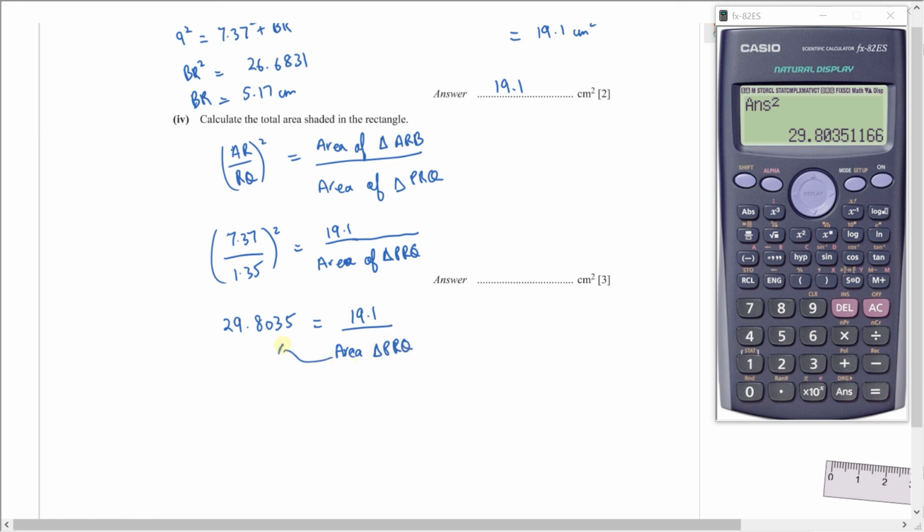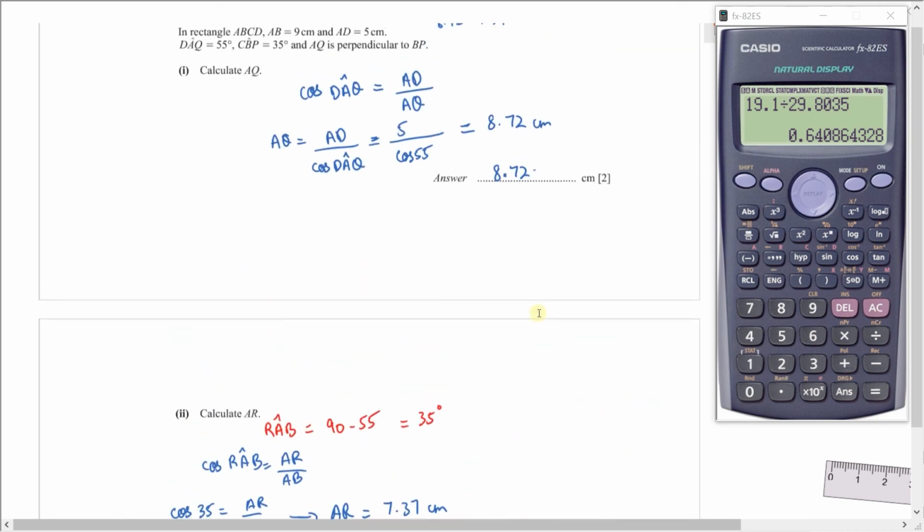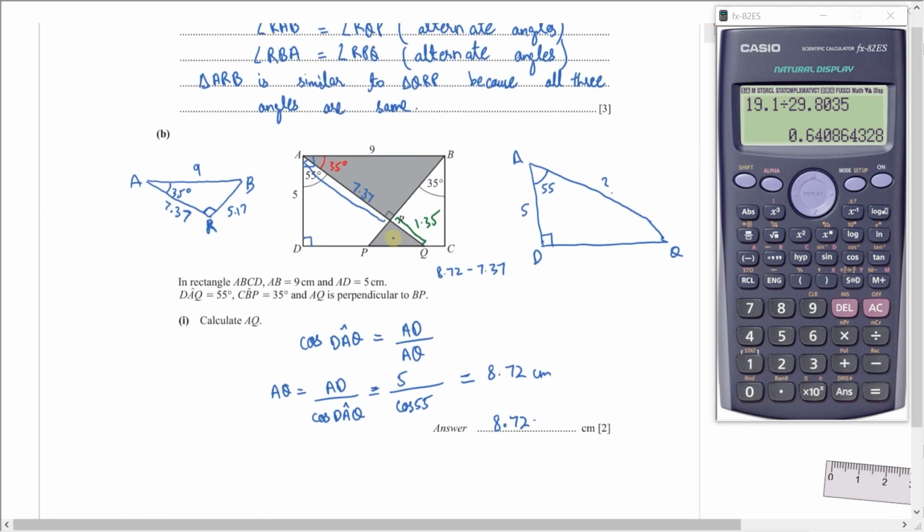So if I take this up here and bring this down here, I will get area of triangle PRQ equals 19.1 divided by 29.8035. So this is 0.641. 0.641 centimeter square. This is the area of this smaller triangle.